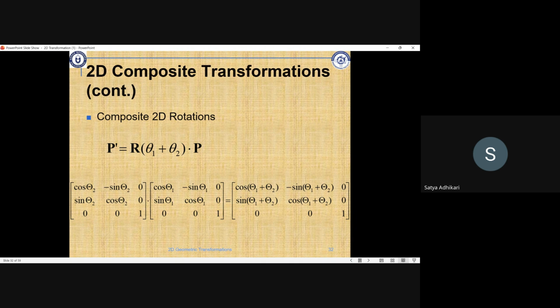So we have to apply 90 degrees. So here we are adding theta 1 plus theta 2 and we apply the resultant matrix to the coordinate to get the new one.